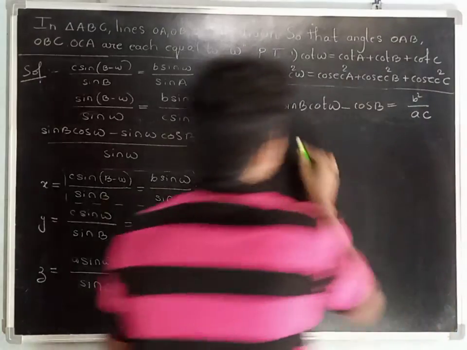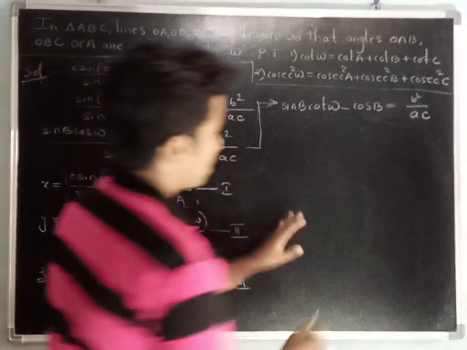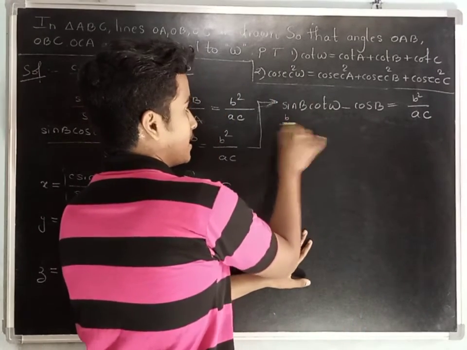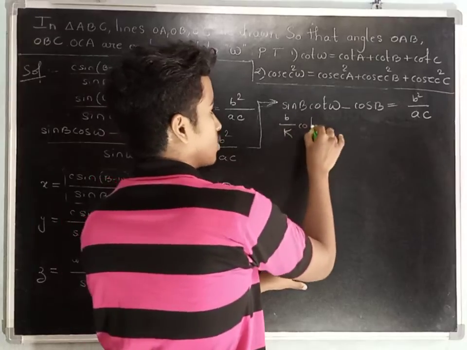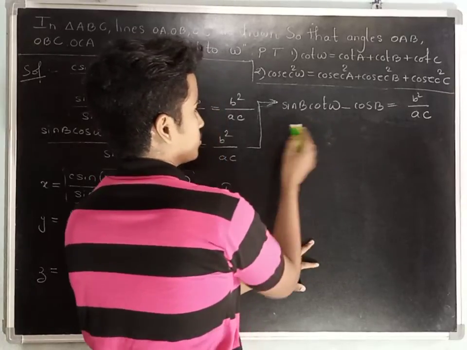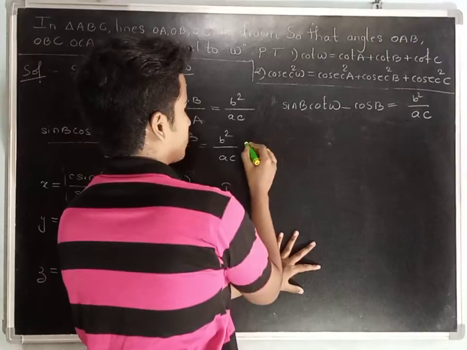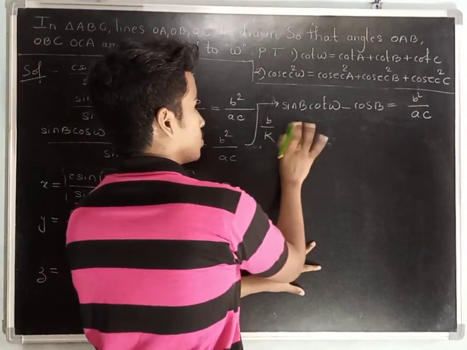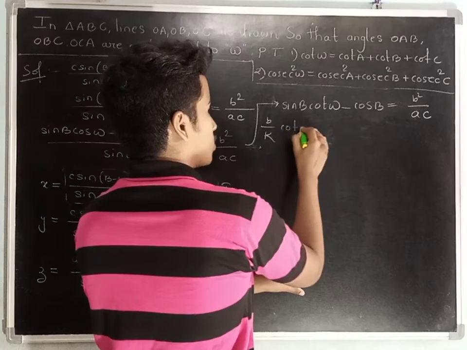Right? Now sin B is nothing but b by k into cot omega.